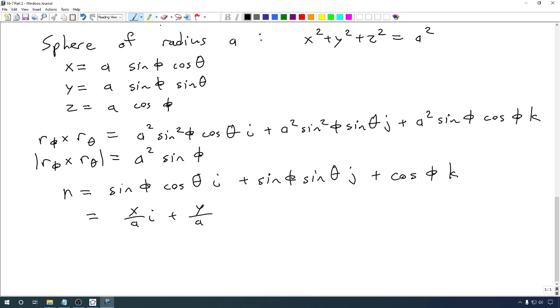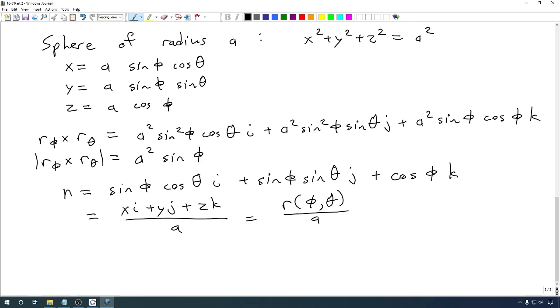Actually, I'm going to move the a outside. You could write this as xi plus yj plus zk all over a, or you can even write this as r of phi theta over a. It's the original spherical parameterization, but without a radius in it. So it points directly away from the origin, and it points outwards.